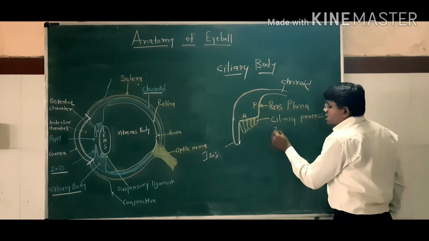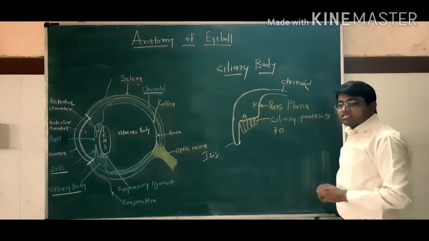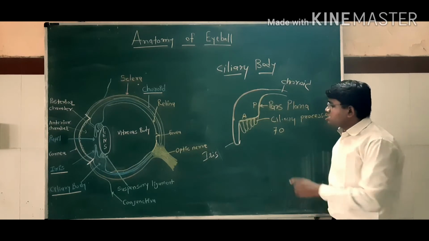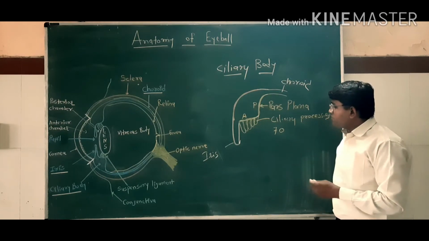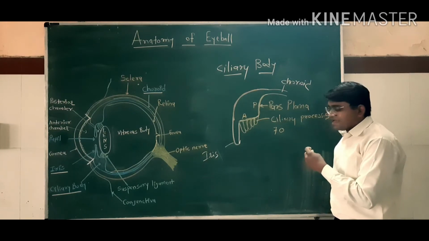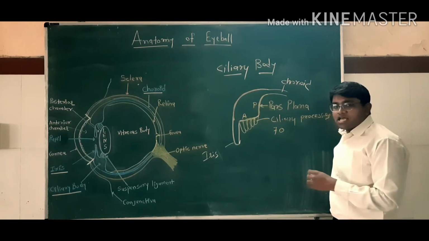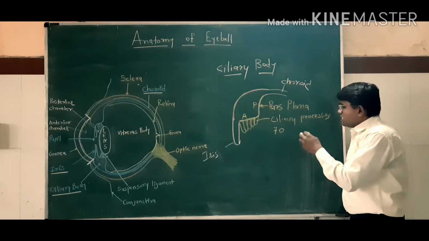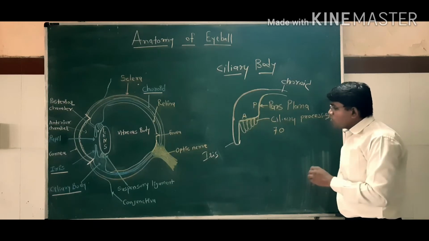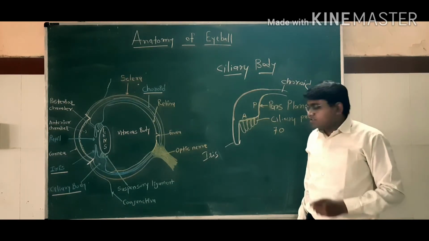There are about 70 ciliary processes in its anterior part. So the anterior part is rough, with finger-like projections.